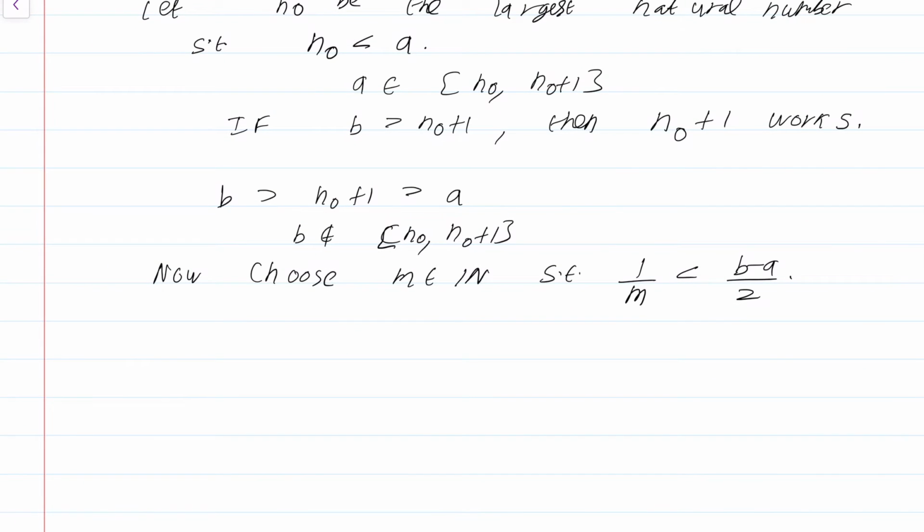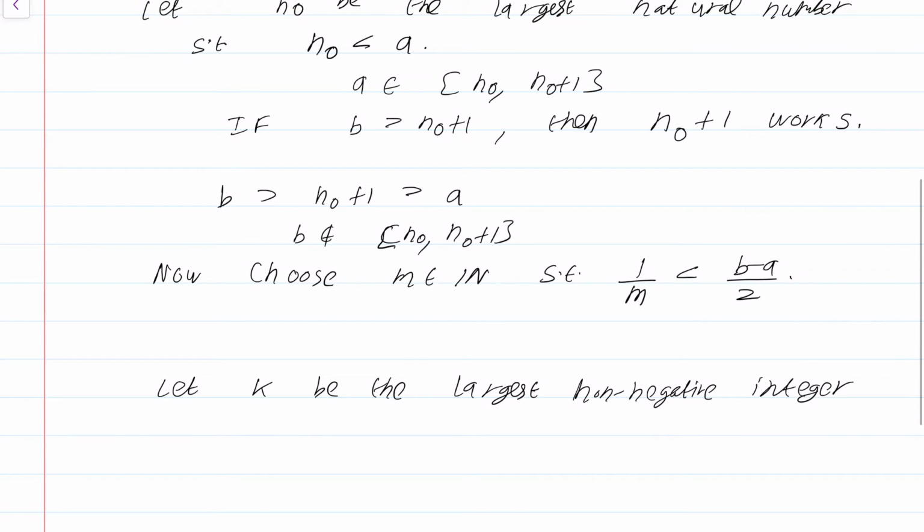And let k be the largest non-negative integer such that n naught plus k by m is less than a.